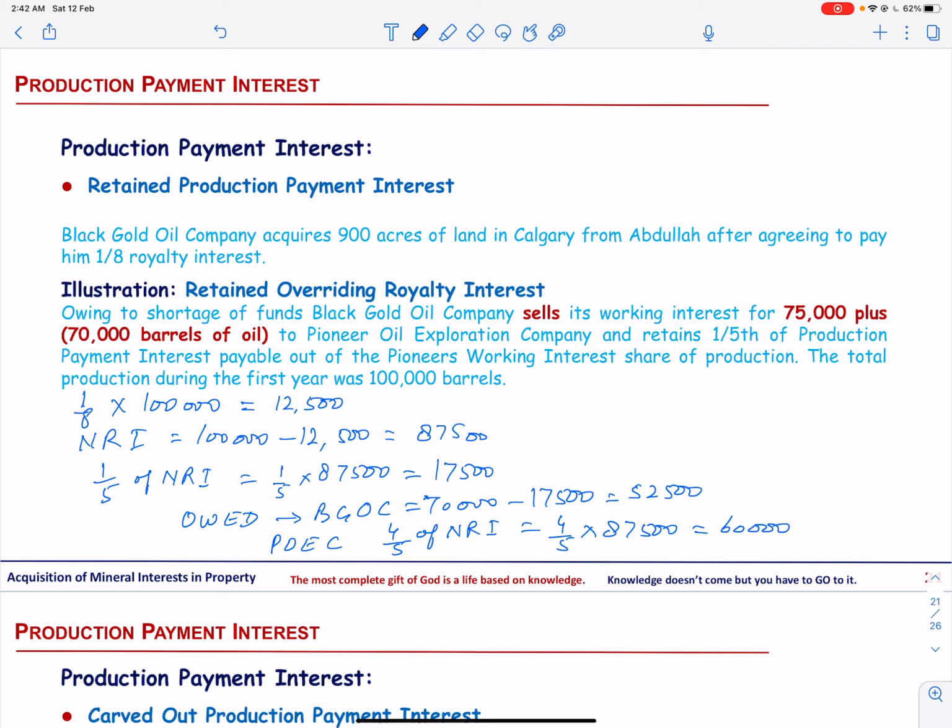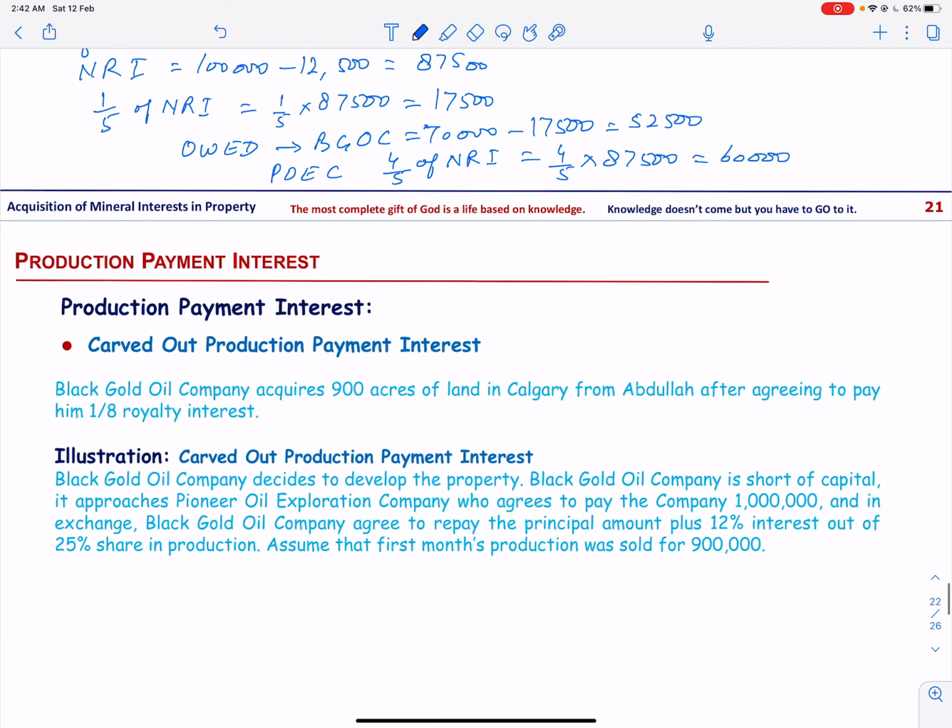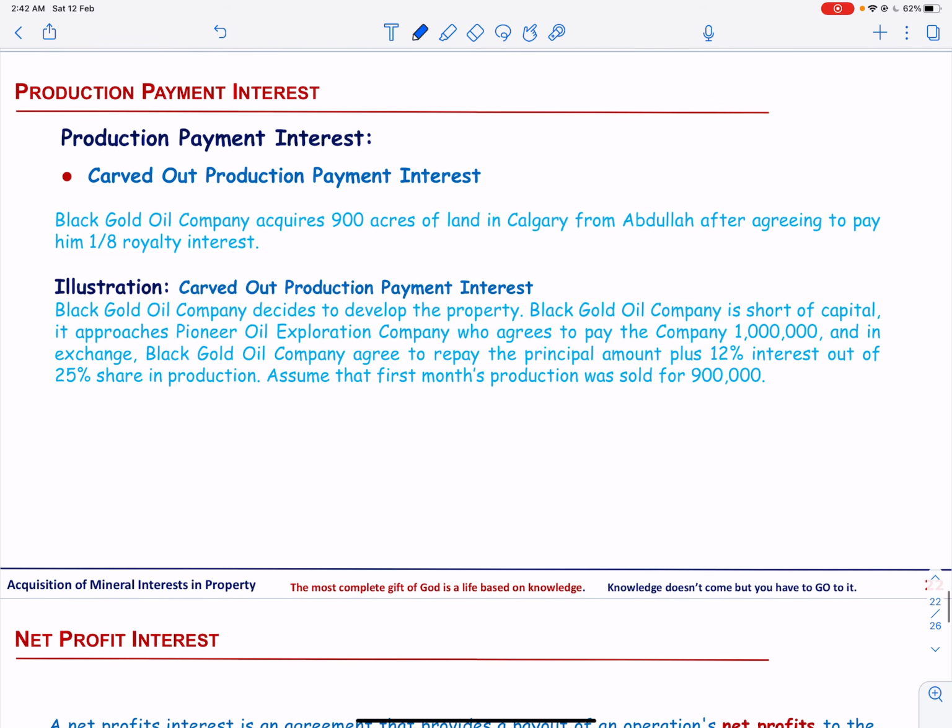Let us now talk about carved out production payment interest with the help of an example. In this illustration, Black Gold Oil Company decides to develop the property. Now, in this case, they are not selling their working interest.